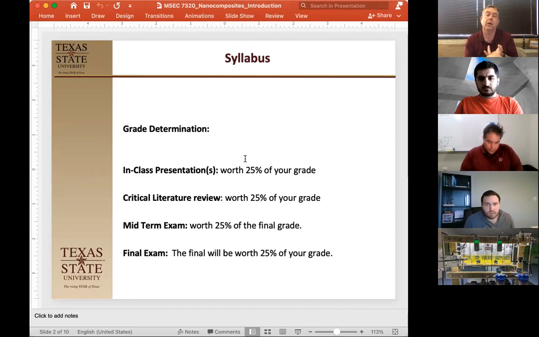Preferably, it would be something closer to your research so that you can actually use it for a critical analysis of that. We'll go over what all those critical analyses are, and then it'll be up to a 4-page review of that work. And then the midterm is going to have 2 components of it.